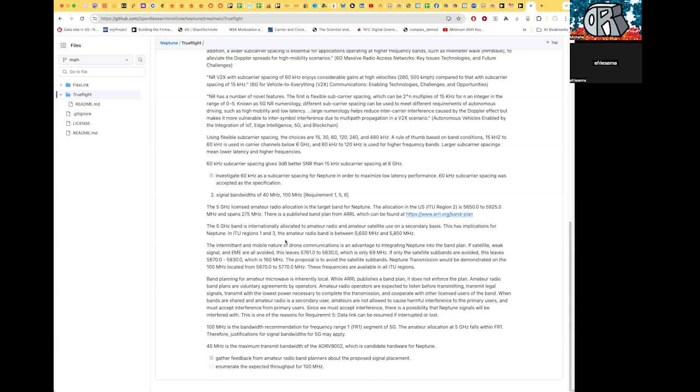Some of the amateur radio band planners would really like to kick off all of the people using drones because they view them as pests, and then other people view them as significant players that should be supported, and that the band plan should adapt to the realities of who's using the band.